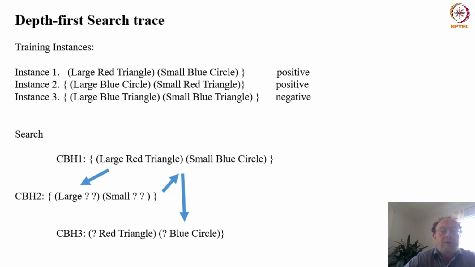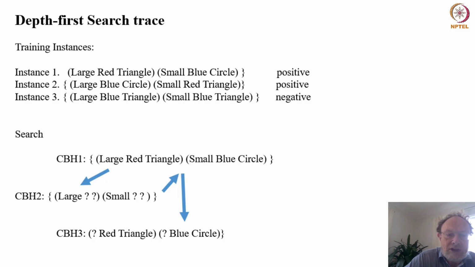So let's look now at an example of how to run the depth-first search, and a trace for that example. In this example, we have 3 instances. First, we have 2 instances which are positive, and then we have 1 negative instance.